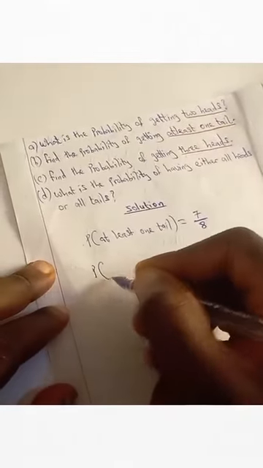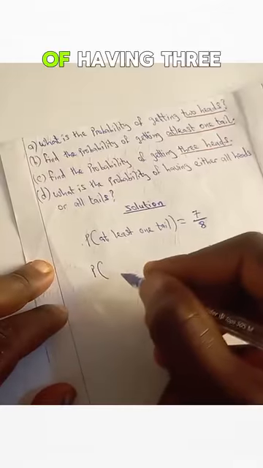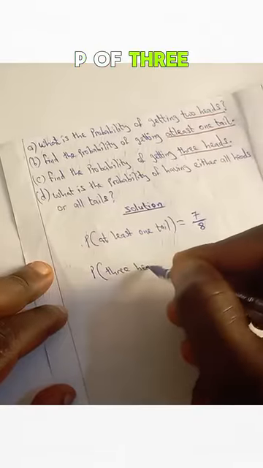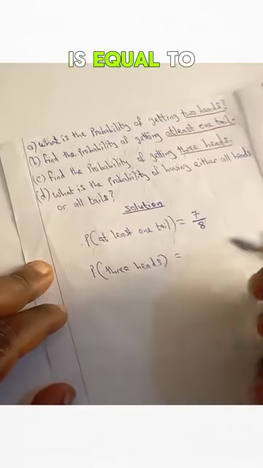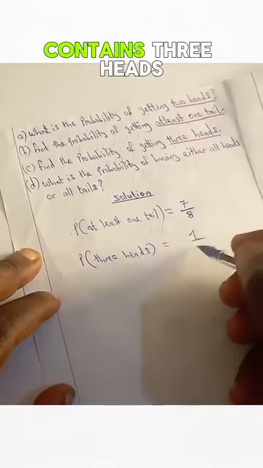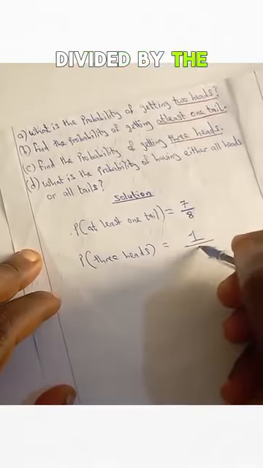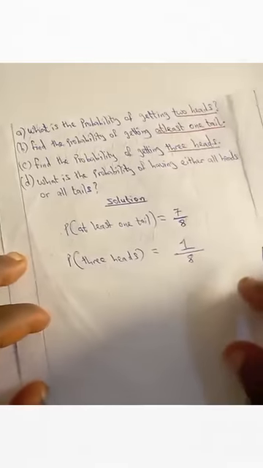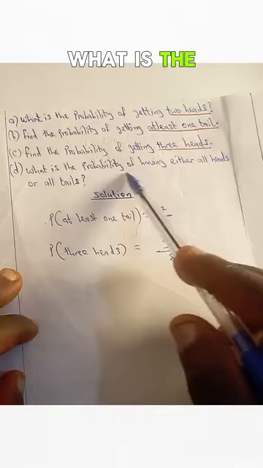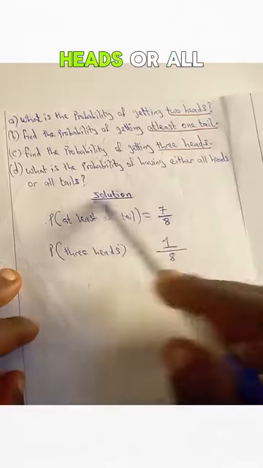So the probability of having 3 heads, P of 3 heads, is equal to 1 favorable outcome which contains 3 heads, divided by the total number of outcomes, 1 divided by 8.